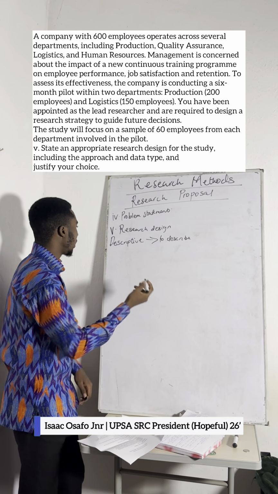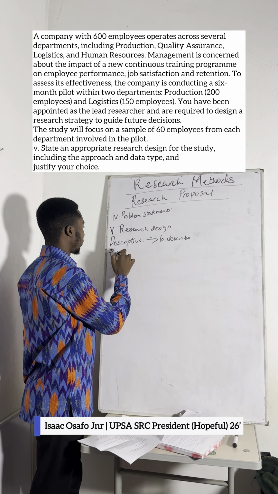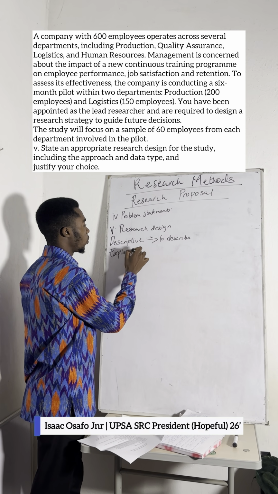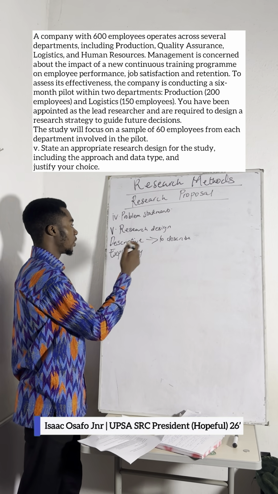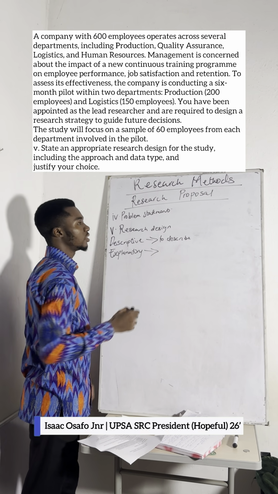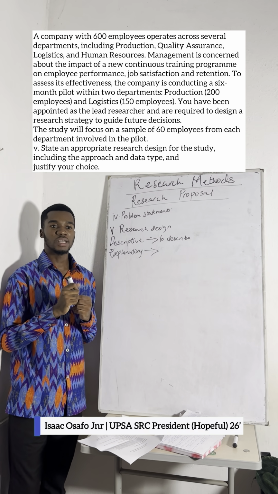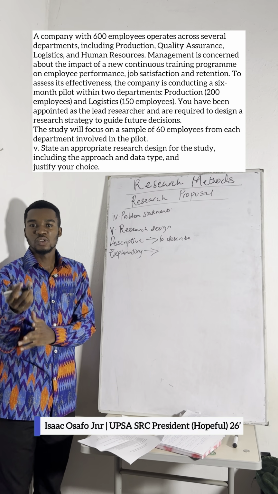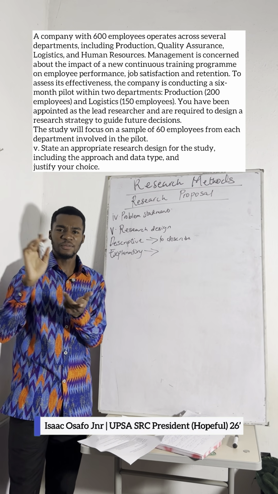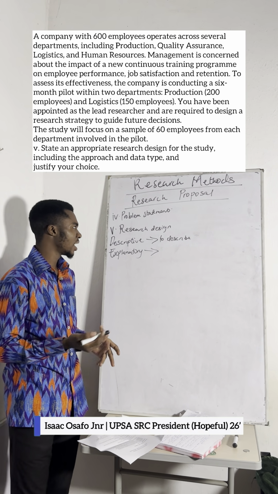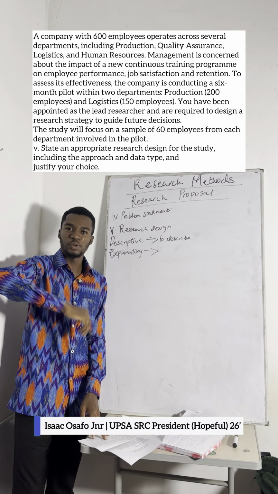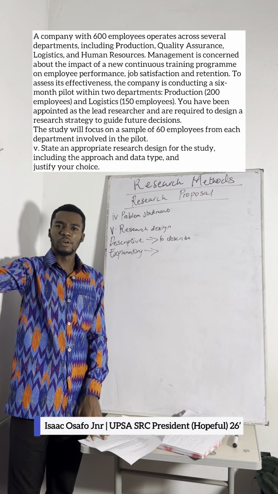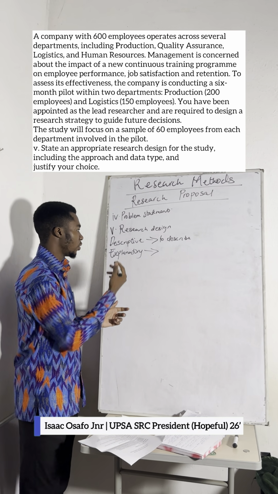Now, the second one is the explanatory. I'm just talking about the common ones because most of the time your answer will fall from this. You use the explanatory when you want to know if one thing affects another thing. Do you get it? So maybe I want to know if social media affects academic performance. So in this one, they said they wanted to know if the training program affects employee performance and all that, so you can use explanatory.